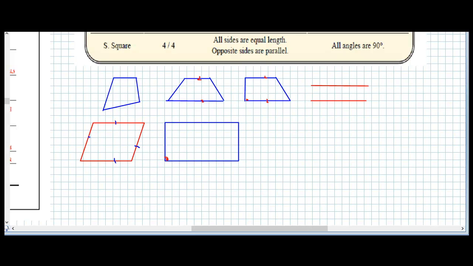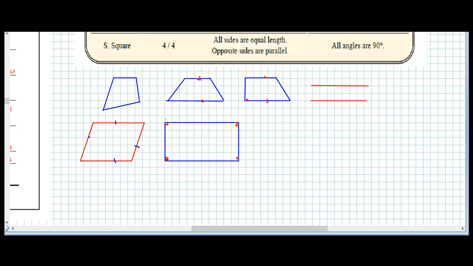So the parallelogram will be a rectangle, because now all the angles are equal. In the rectangle, all the angles are equal, and each opposite sides are equal and parallel. So we call it a rectangle.